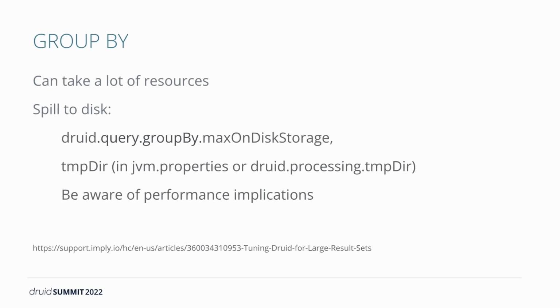By default, they'll do everything in memory, and you may quickly get an error suggesting that you allow spill to disk by setting max on disk storage. This is a setting whose default is 0, which means don't spill to disk, do everything in memory. If you set it, it says spill to disk up to this amount. It's set in bytes.